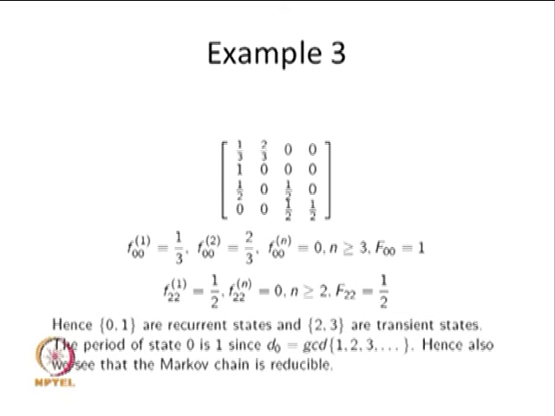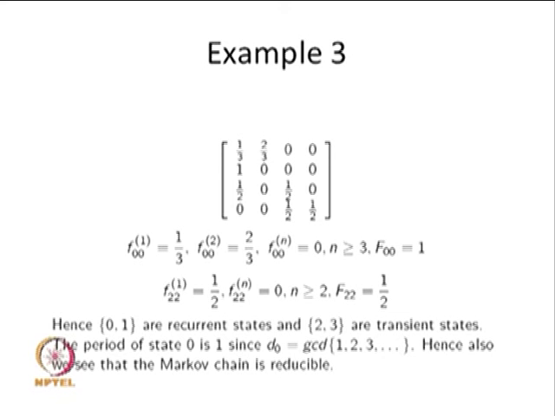Whatever we have done for state 0, you can do for state 1 also. That is also going to be 1. The period is going to be 1. Therefore, both states 0 and 1 are positive recurrent and aperiodic states, and the other 2 are transient states. Since states 0 and 1 are positive recurrent as well as aperiodic, these 2 states are ergodic states also.